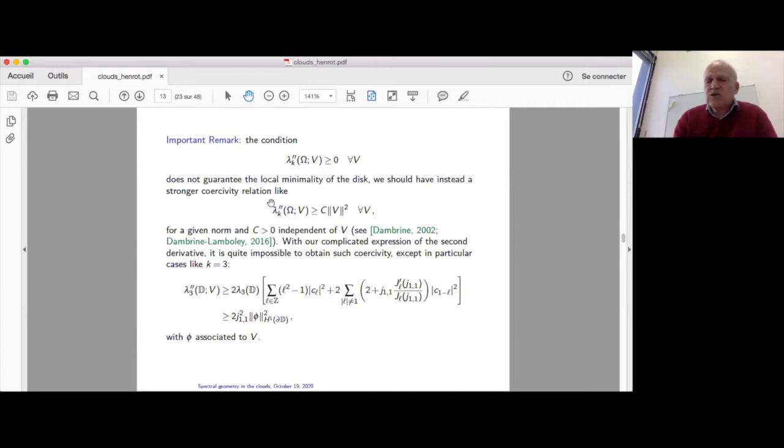In our case, the expression of the derivatives is so complicated that we tried to prove such a lower bound, but it is really complicated. We succeeded for lambda 3, for example. We were able to prove that the second derivative of lambda 3 is estimated from below by a positive constant times the H1 norm of the perturbation. So in some sense, you get a local minimality in the class of H1 perturbations.